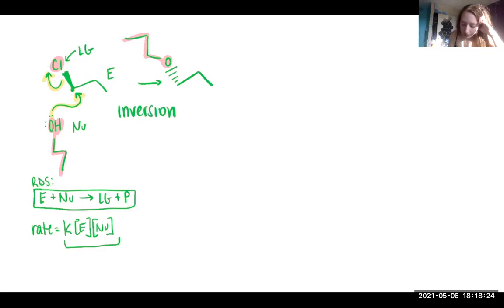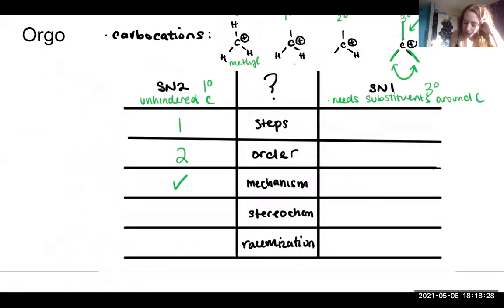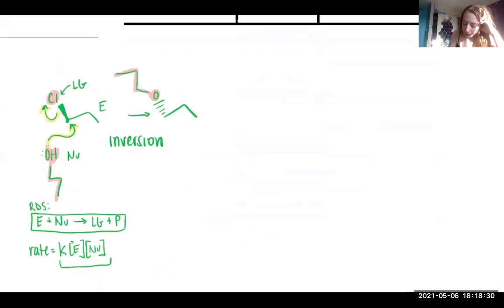On the opposite hand here, we have SN1 reactions, okay? So SN1 reactions are very different. They prefer, like I said, tertiary carbons, or tertiary carbocations, because of that carbocation formation.